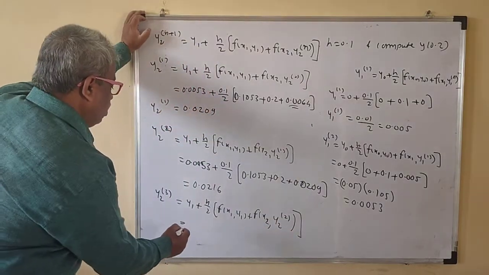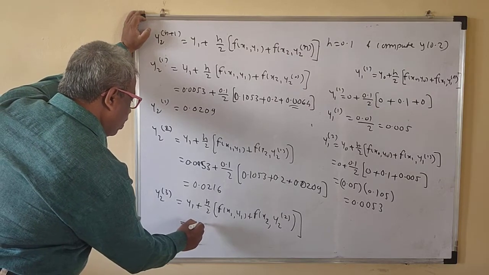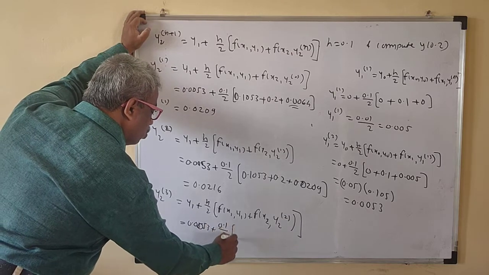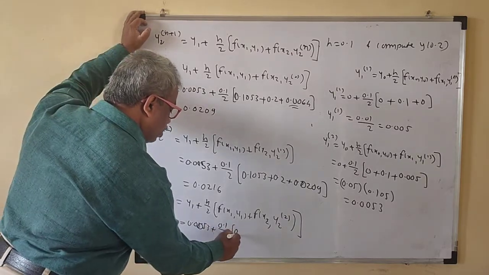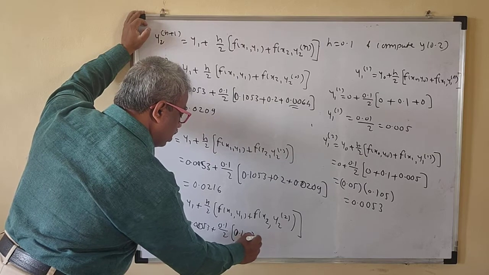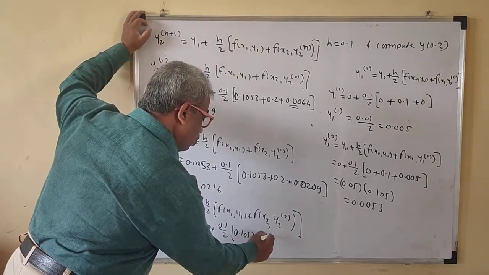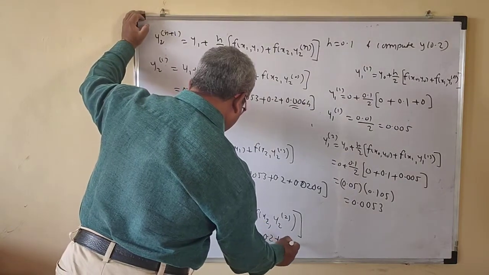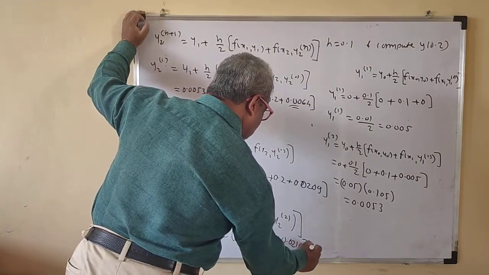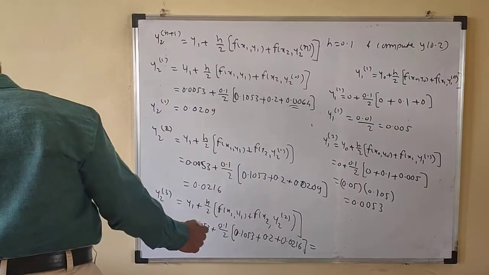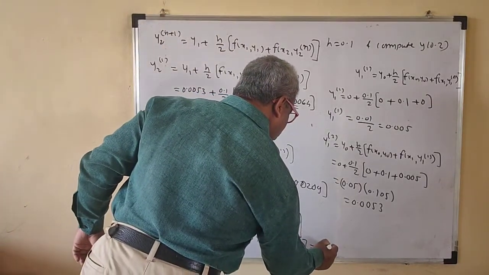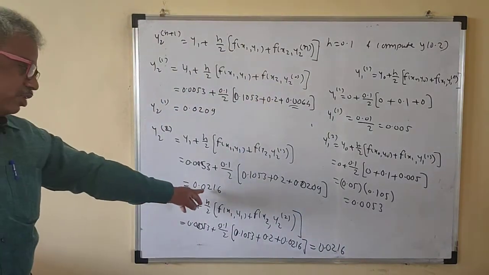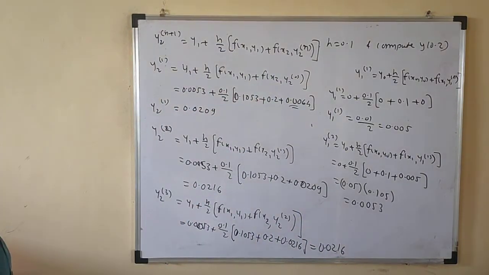So what is your y1? y1 is 0.05053 plus 0.1 upon 2 plus 1.053 plus 0.2 plus this value, 0.0216, and this is also equal to 0.0216. So up to 4 decimal places it is equal.